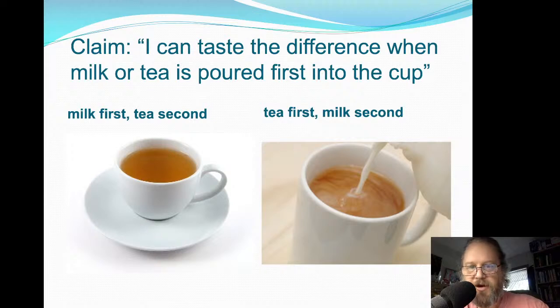Basically she says something along the lines, I can taste the difference when milk or tea is poured first into the cup. So in other words, you put the milk in the cup first and then you add tea, or the other option is you put tea in and then you add the milk. And so her claim is, well, yeah, of course I can tell the difference. And so of course the men in the room, they go, oh no, you can't do that. It's not possible. Once you mix them, there's no difference, right?